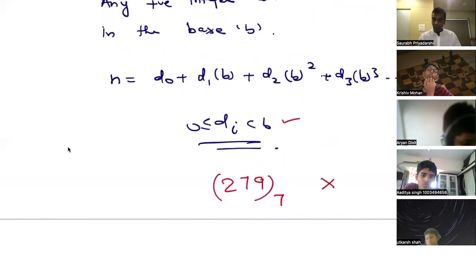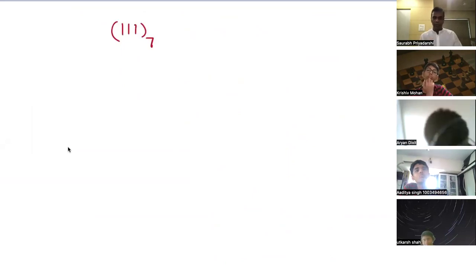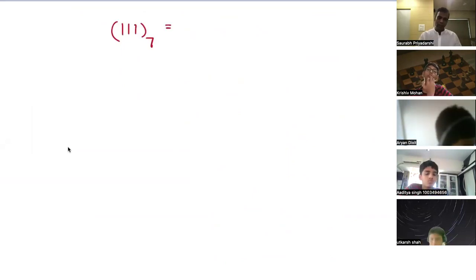And if I'm writing this, it must be the unique form, right? If I'm giving you the number 111 with base 7, what is this number in base 10?